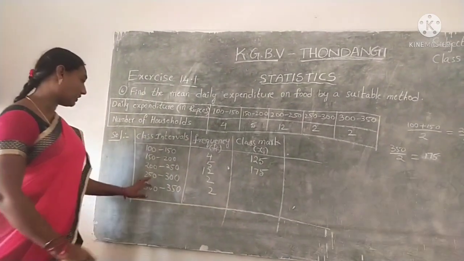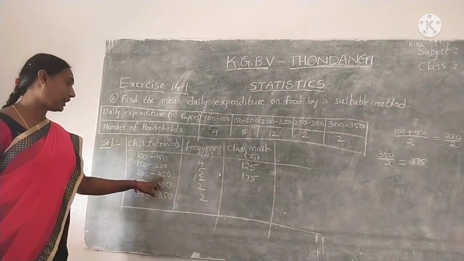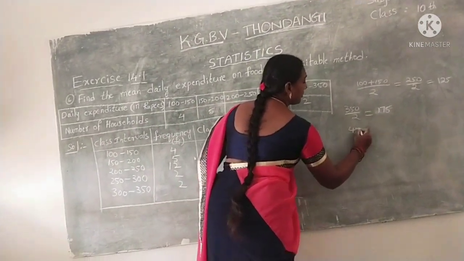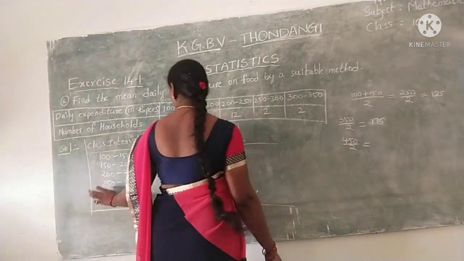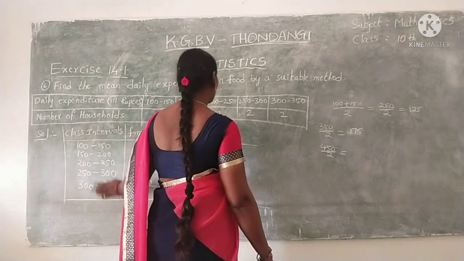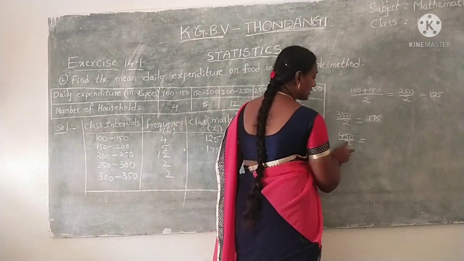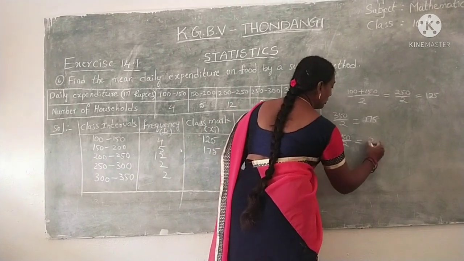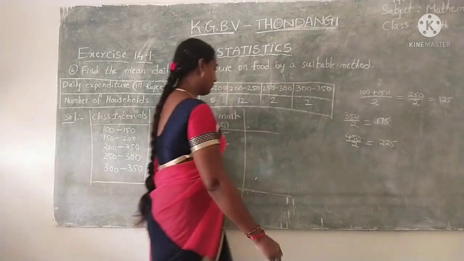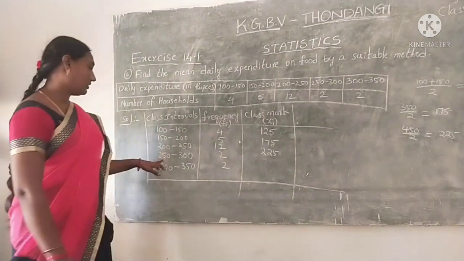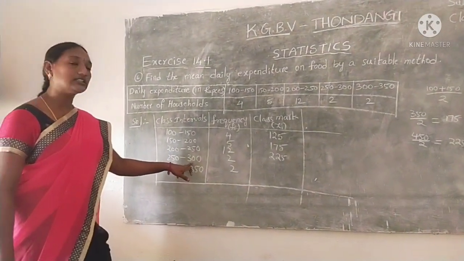Next one, 200 plus 250, that means 450. 450 by 2 equals 225. Next, the average of 250 and 300.